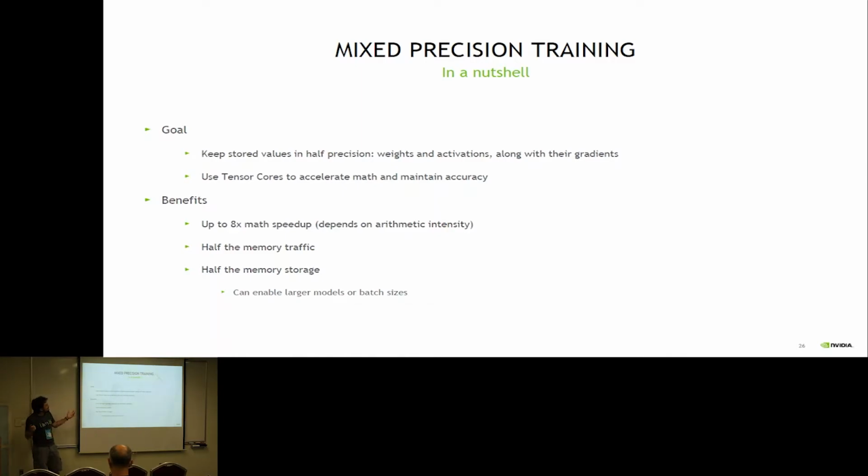And how does the speedup happen? Apart from the math speedup, which I've already described, and for some generations it's an 8x speedup of CUDA cores versus tensor cores, if you use FP16 you halve the memory traffic, because the weight of your neural network decreases in size by 2. And you halve the memory storage.